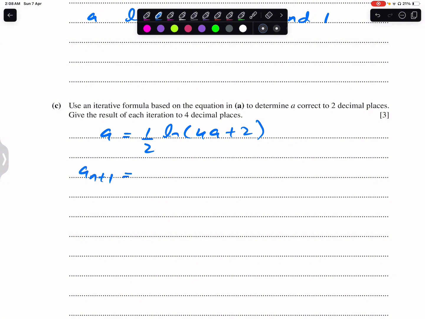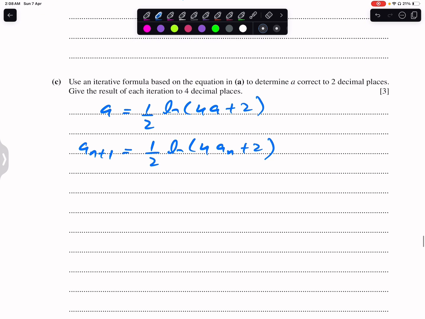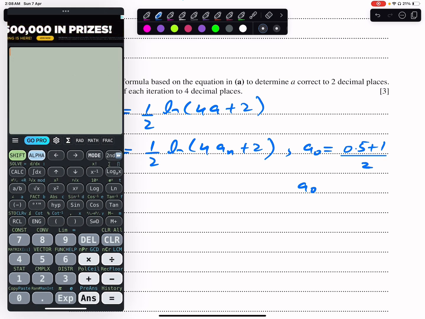We can set iteration in this form, and now take the initial guess, known as a naught, which is the average of 0.5 and 1, or any number. So that is 0.5 plus 1 is 1.5 divided by 2. So a naught is 0.75.